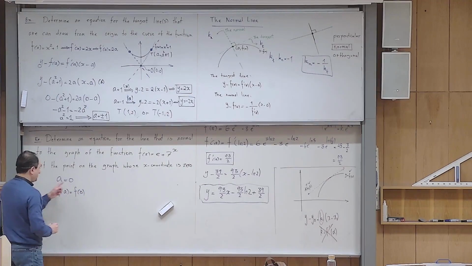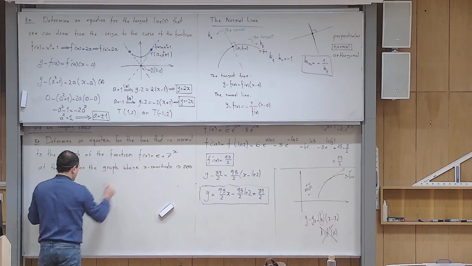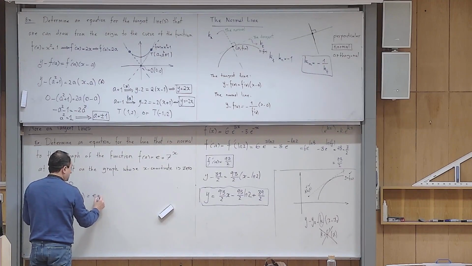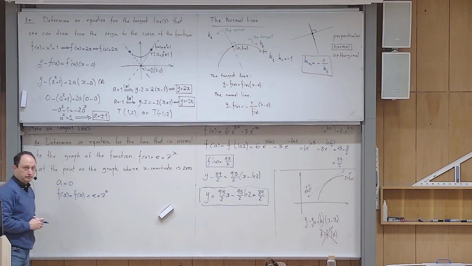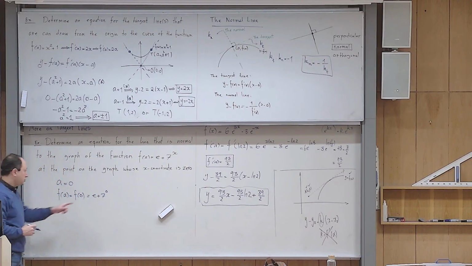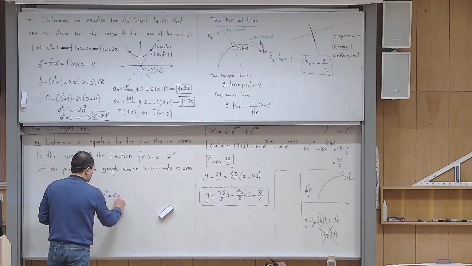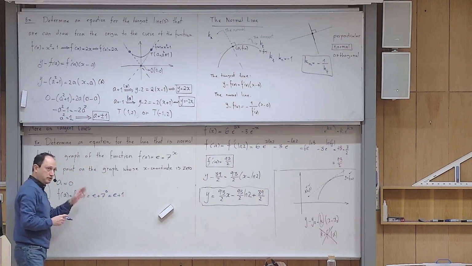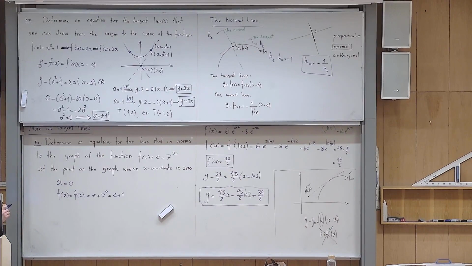What is f of 0? It is e plus 7 to the 0. But 7 to the 0 is just 1, so this becomes e plus 1. And don't use your calculator. You have to keep the exact value, unless it is explicitly mentioned in the problem to do some approximations. So this is my f of a. So a is known, f of a is known.